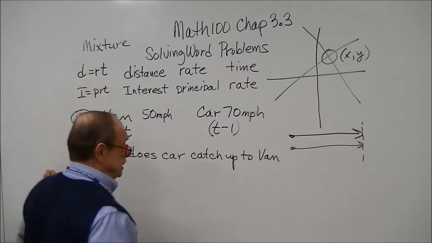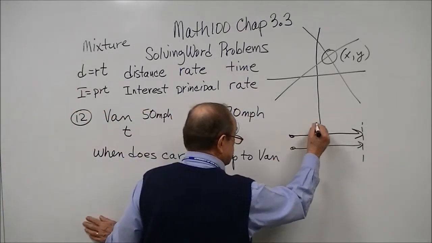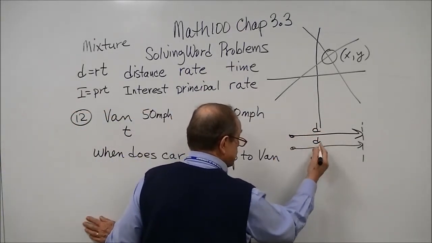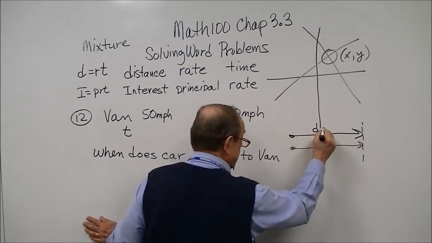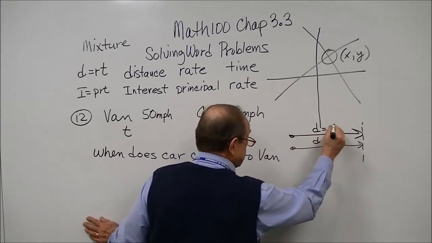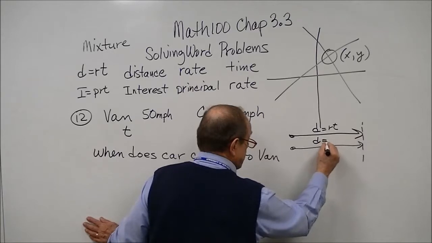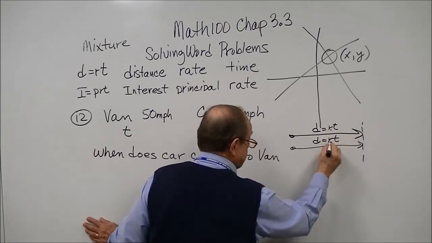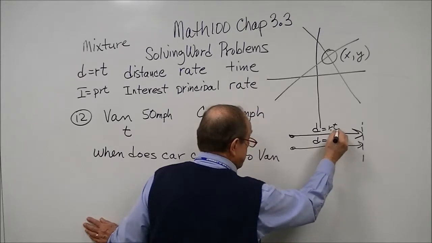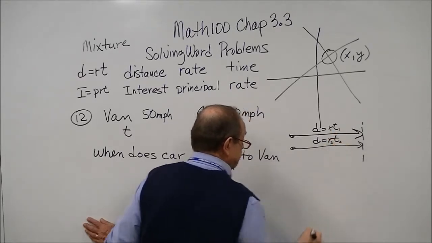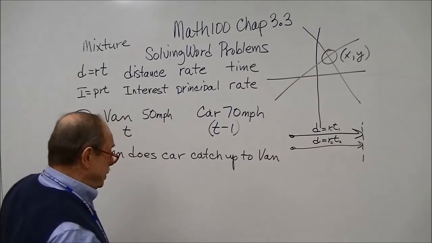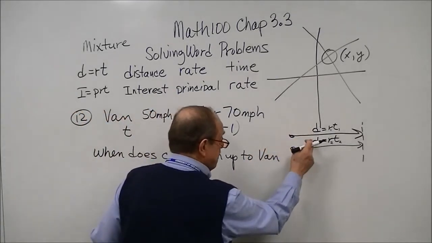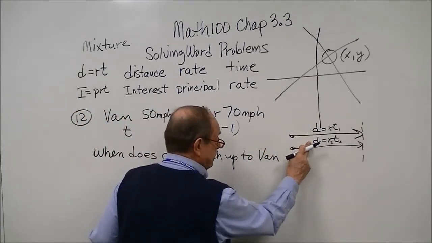So in a sense here, we have distance and distance are the same. What's different is rate times time. That would be rate 1, this is rate 2. Time 1, time 2.